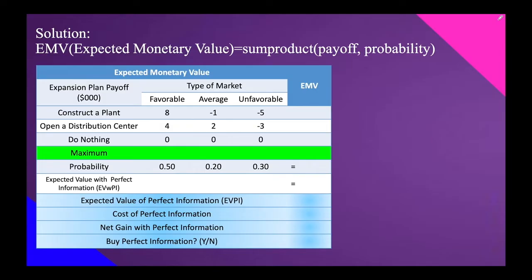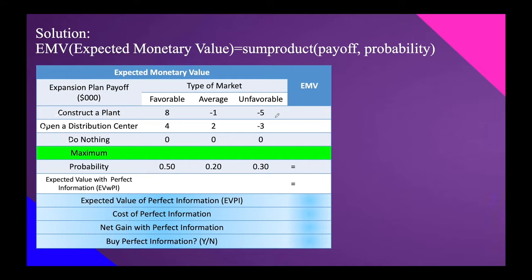So where is the payoff? The payoff is this. The probability is this row. So we need to find first the EMV of constructing a plant, of opening a distribution center, and of doing nothing.